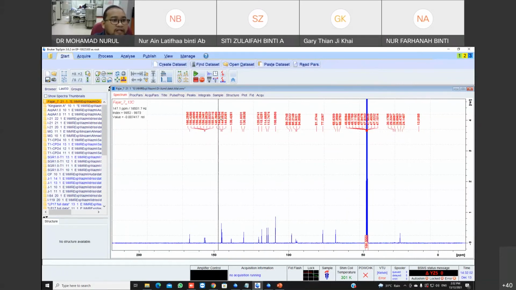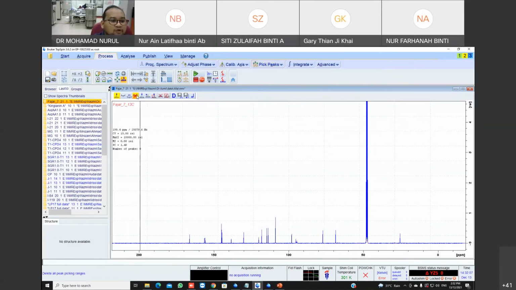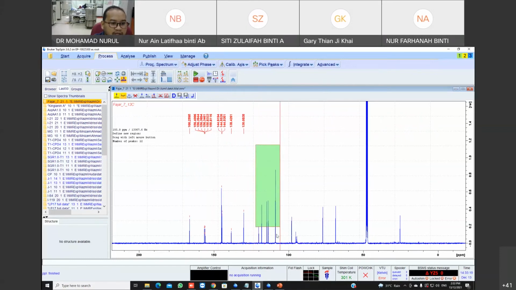Okay, so how to do it? Again, go to the process. Pick. Padam semua. You buat one by one. It's better. Okay. Ada dua peak. 2 peak, 3 peak. Kita tengok nanti. Satu peak. Jadi satu peak. Tengok sini. Okay.